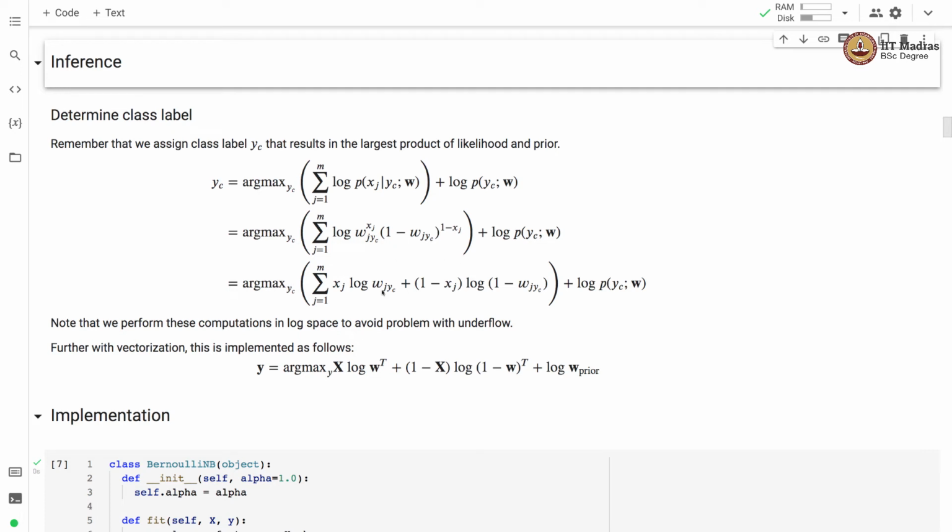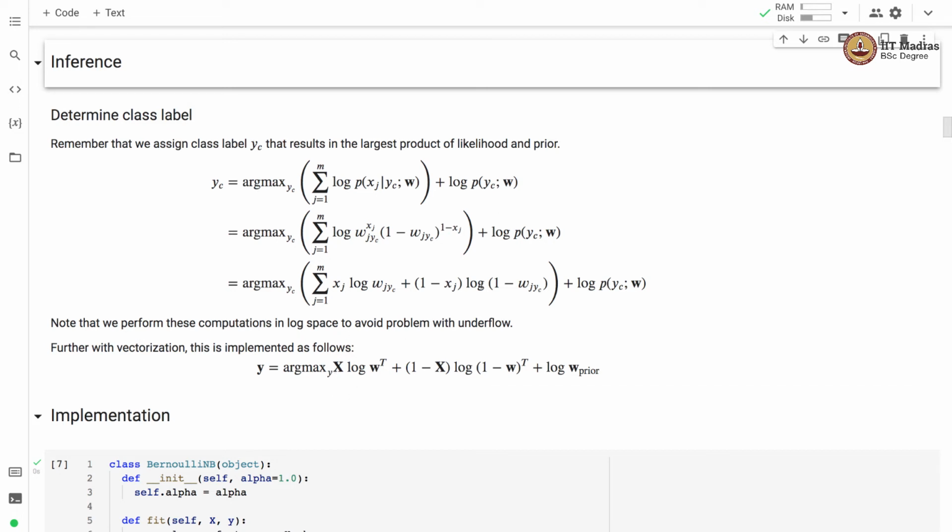Now we can perform this calculation in the log space to avoid the problem of underflow. And we can also vectorize this particular operation with the following implementation. We get the label vector y corresponding to each example in the test set, so we assign the label y such that we get the largest product of likelihood and prior.